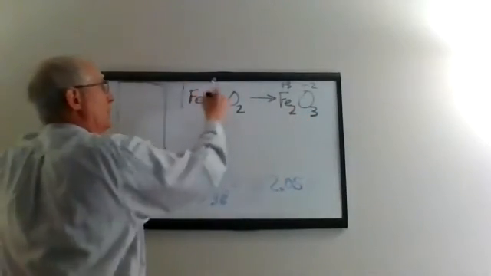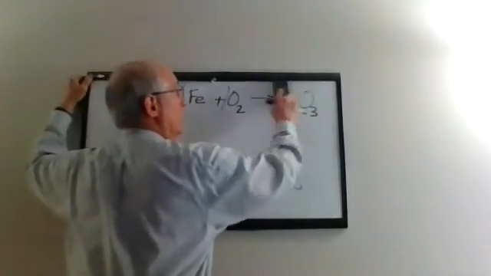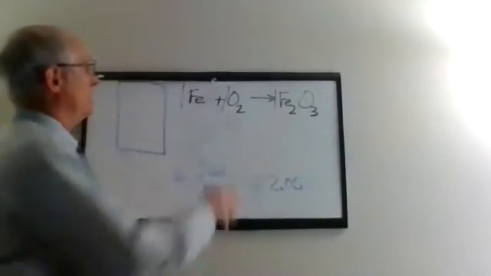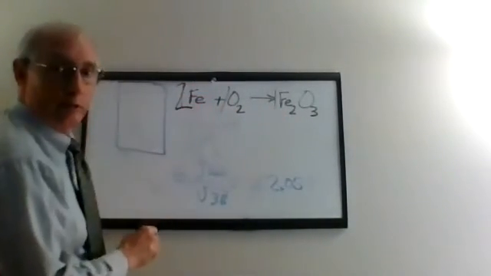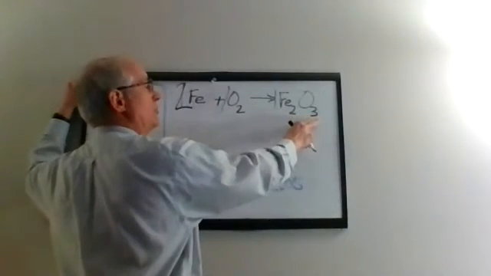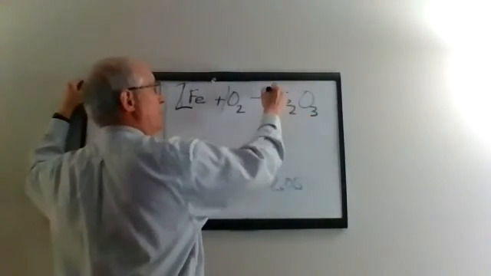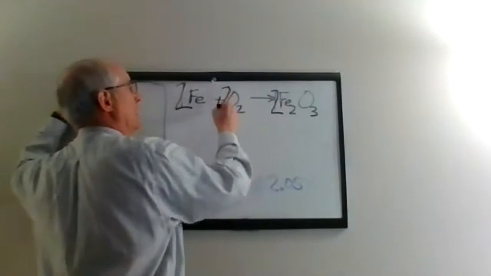So all we need to do is step 4. And step 4 says 1 iron, 2 irons. We got 2 irons. It says 2 oxygens, 3 oxygens. Least common multiple is 6. So let's get 6 of them over here and 6 of them over here.